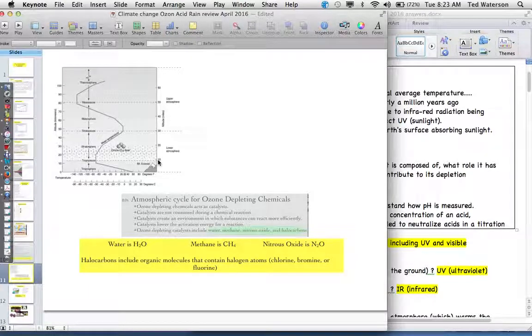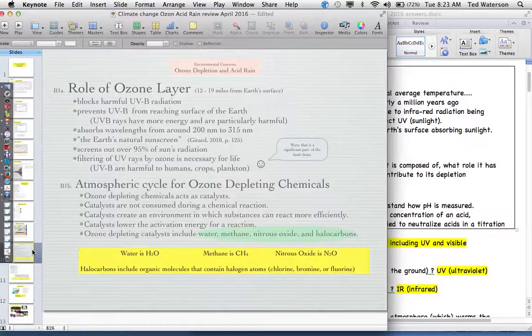The ozone does a great job of protecting us from all of those harmful types of radiation. It blocks these harmful UV types of radiation. A simple way to think of it is the Earth's natural sunscreen.